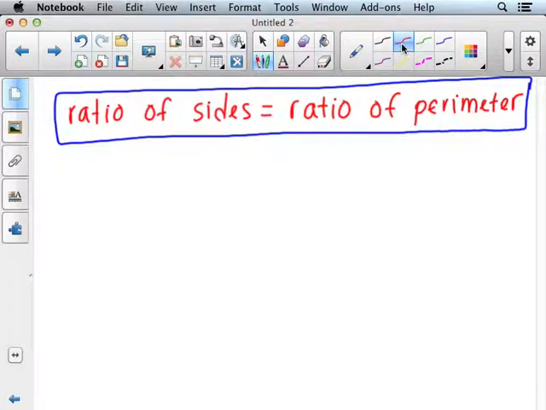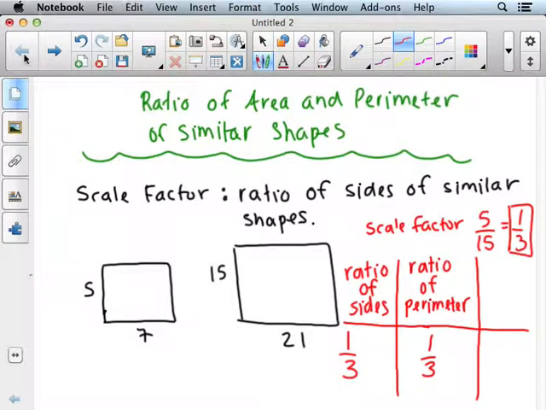Now, if I go back here, the ratio of the areas, well, it's going to be the square of the ratio of the sides. So 1 squared is 1, 3 squared is 9. So if I actually calculate these areas and I find the ratio, it would simplify to be 1 to 9.